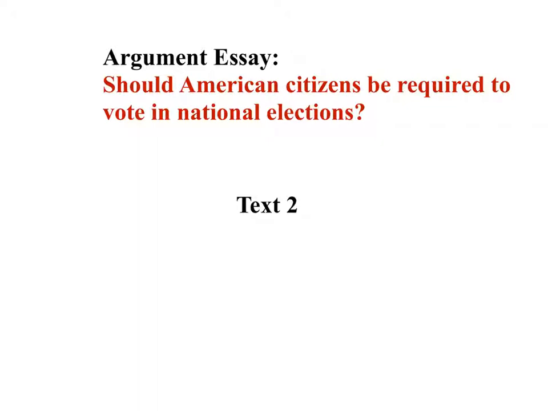Text 2, Compulsory Voting. All democratic governments consider participating in national elections a right of citizenship and a citizen's civic responsibility. Some consider that participation in elections is also a citizen's duty. In some countries where voting is considered a duty, voting at elections has been made compulsory and has been regulated in the national constitutions or electoral laws.